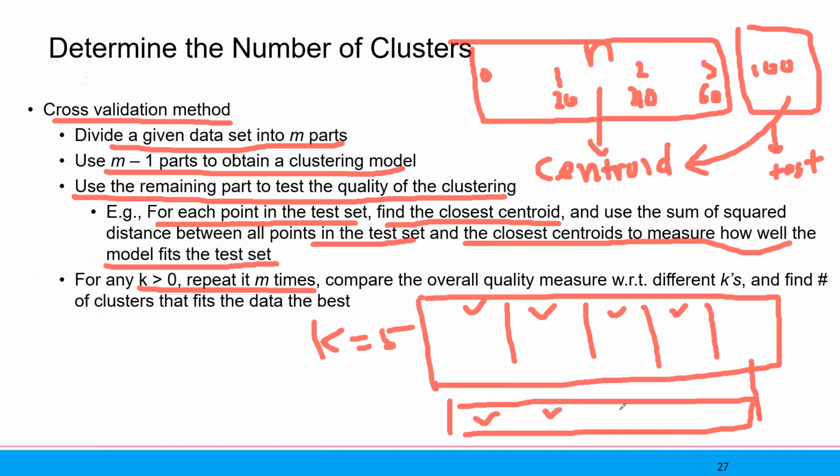This will be for the training, this is the testing and this is the training. So we can rotate like that in the cross validation. And we can compare with the other quality measurements, for example, whether the sum of square errors is low or not. So we call this the cross validation method.